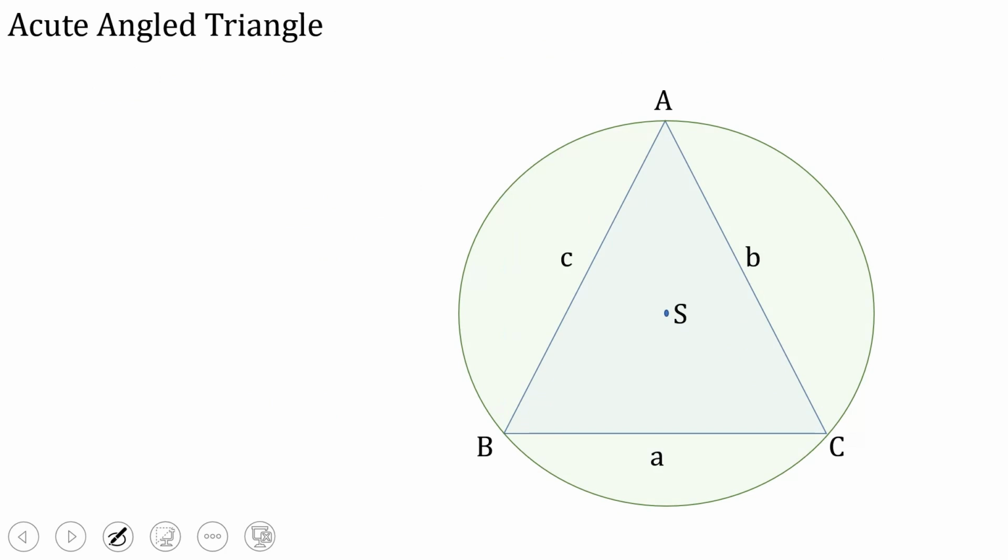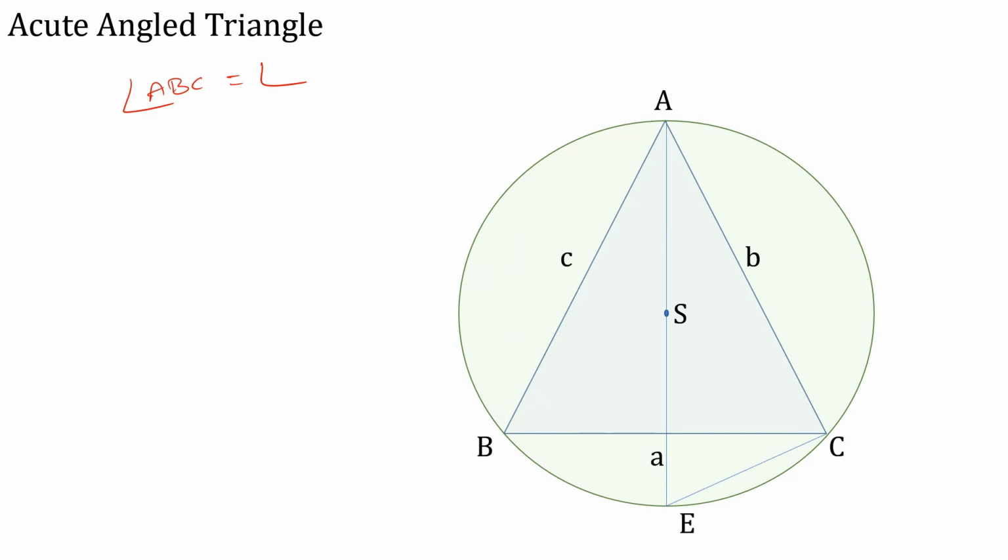In a similar way, if we consider this chord AC, and using that, we draw another chord passing through A and the center of the circle, it will make another angle. Now this chord AC has made two angles in the major segment. One is angle ABC and the second one, let us take this point to be E, is AEC.